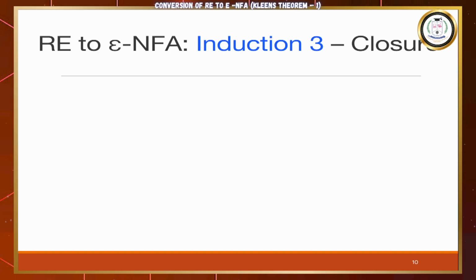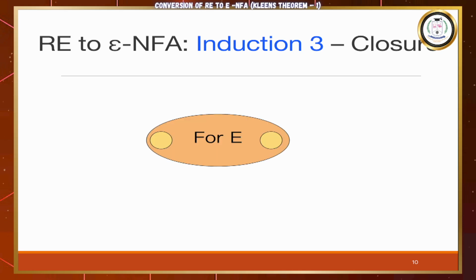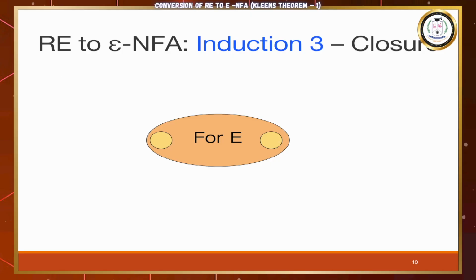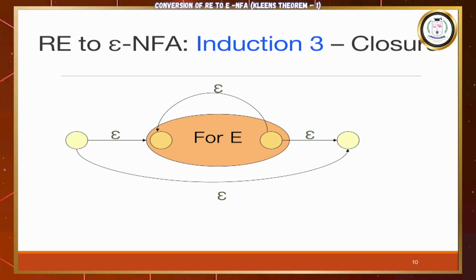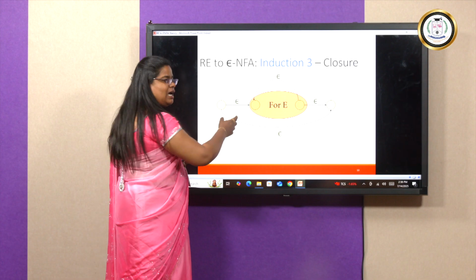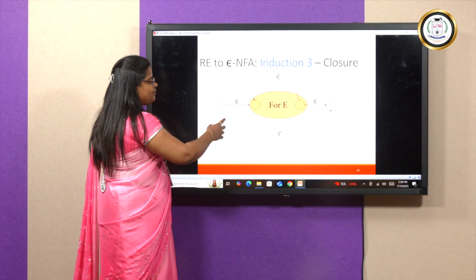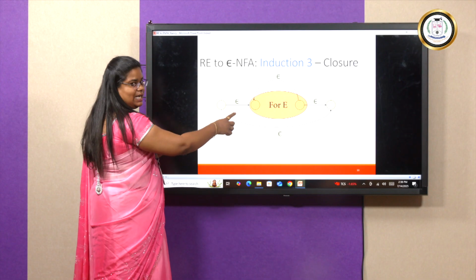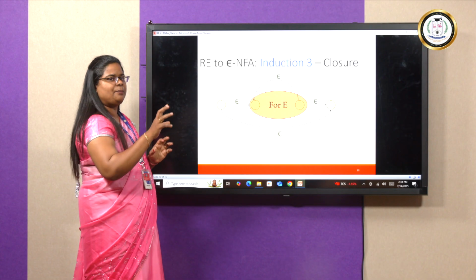So next one is induction 3, closure. Closure is any number of times this can occur. So for example, this is the equation. First thing you have to do is connect this state to this state using an epsilon transition. And there will be two different states which will be connected with this one. Closure means we will be representing using star, for example E star.